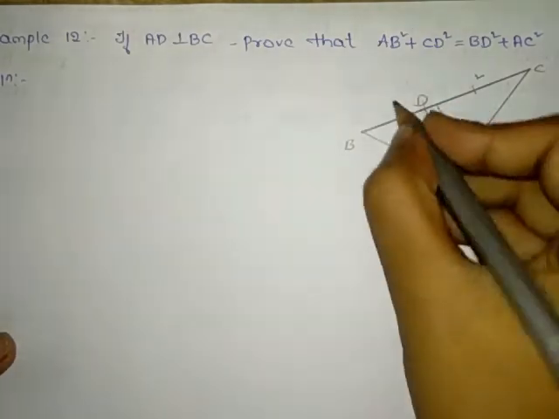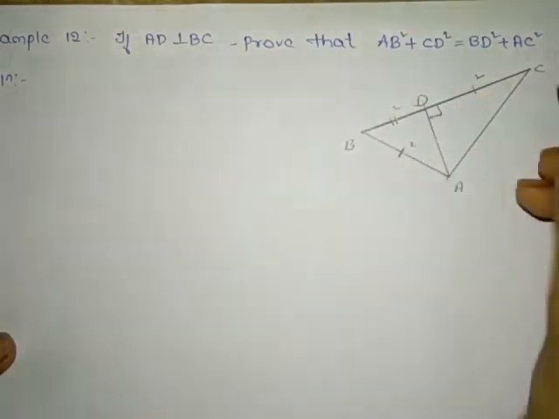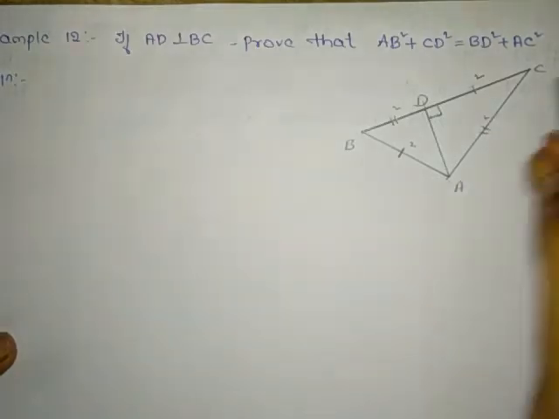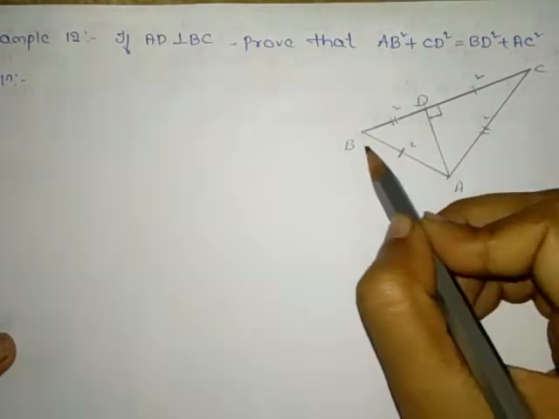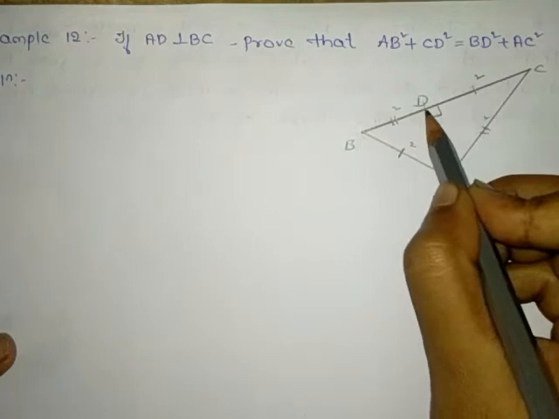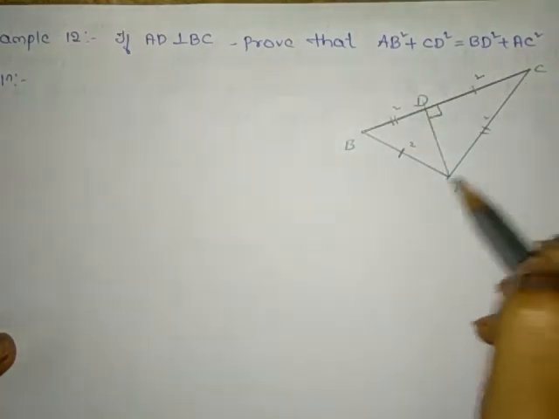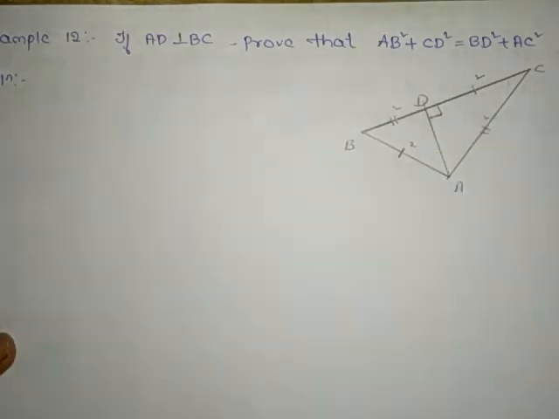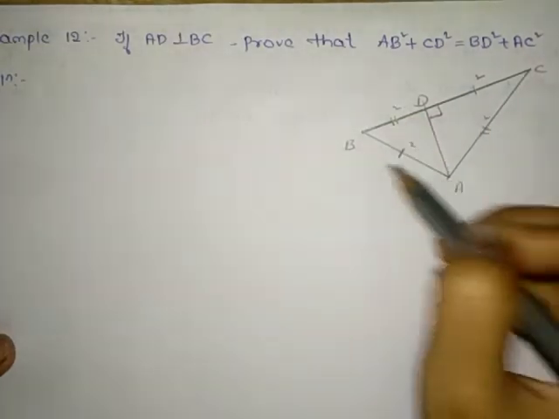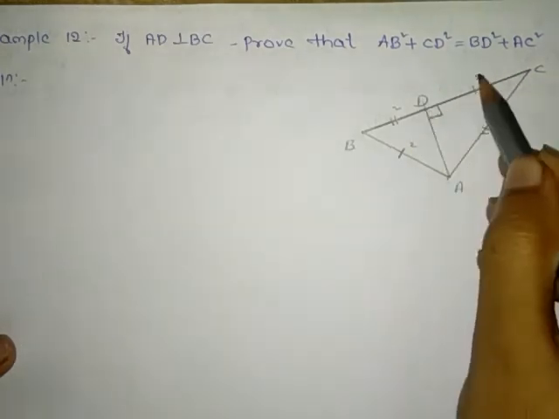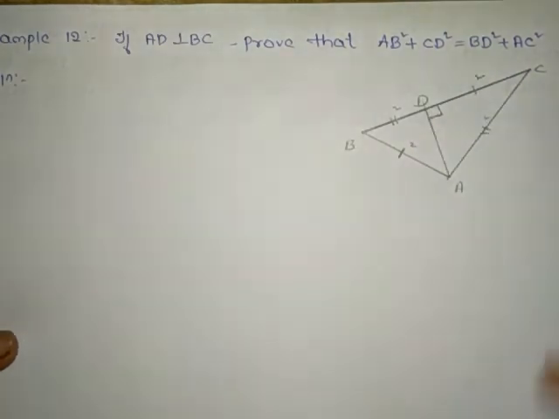BD square plus AC square, right? The sum of the squares of BD and AC is equal to what? The sum of the squares of AB and DC, right? We need to show this.